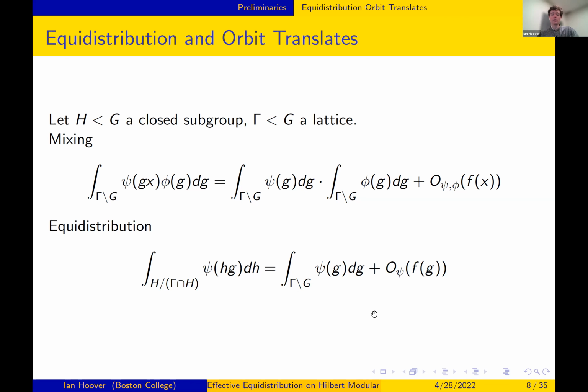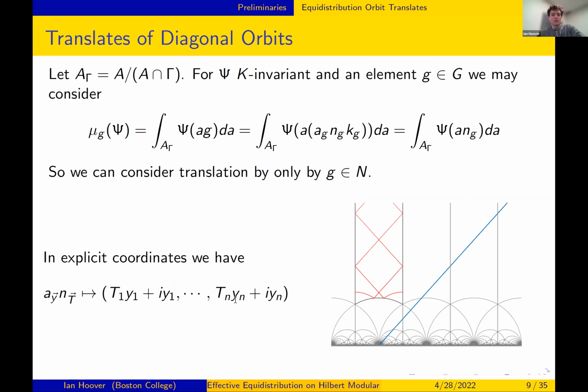What I'm going to consider is that we're going to integrate over the diagonal orbit, so integrating over A mod gamma, and then translating that orbit. Just for compactness, we'll write A sub gamma to mean the diagonal group quotiented by its intersection with the lattice. And we're going to look at a K invariant test function.